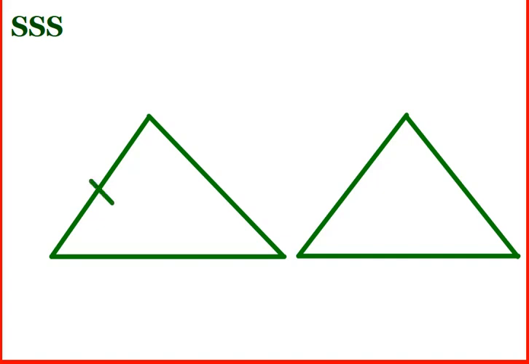So if you can prove that in this triangle, this side is equal to that side, and this side is equal to that side of the other triangle, and this side is also equal to that side of the triangle, then you can surely say that this triangle is congruent to that triangle.